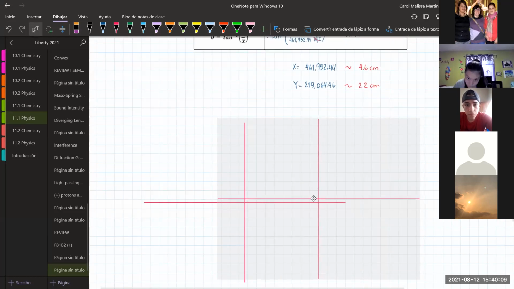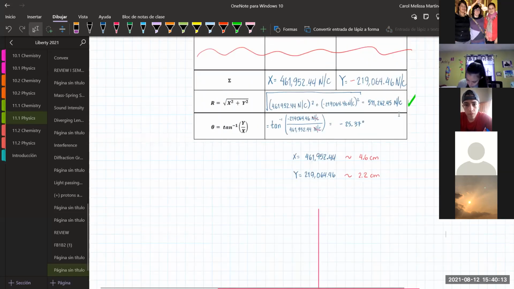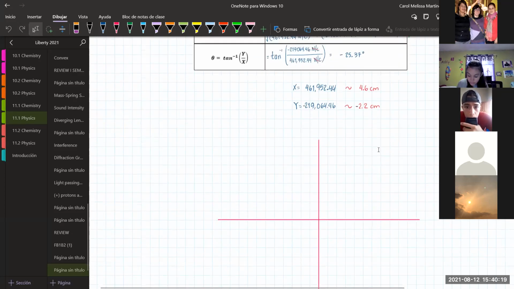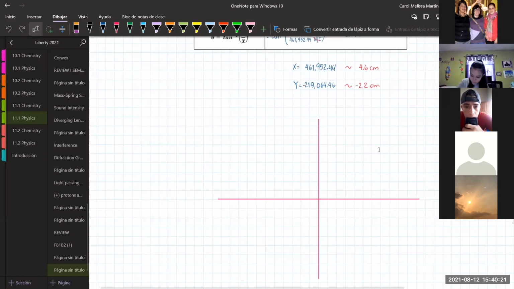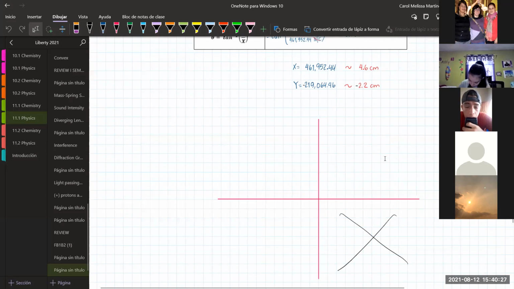So that is my Cartesian plane. I'm going to focus on the signs. This one is negative. So positive for x, negative for y refers to this quadrant. And 4.6 in x is going to be between 4 and 5, more or less here.